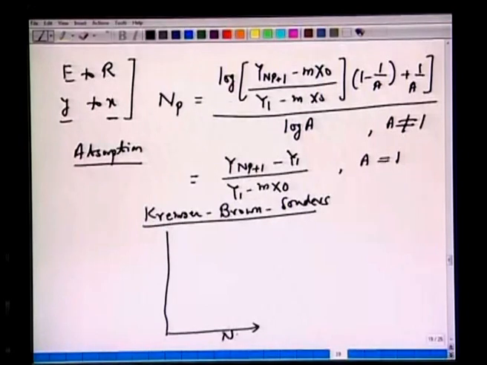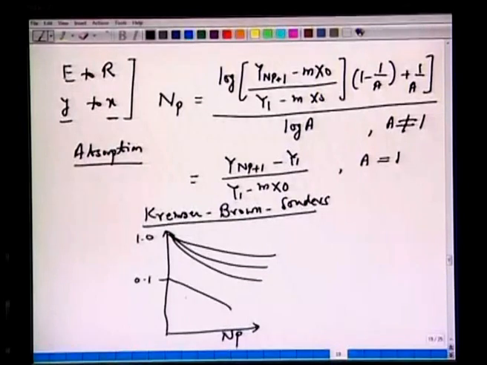You can have NP, number of stages, and you will see different coordinates, a set of curves for A or 1 over A, stripping, absorptions.